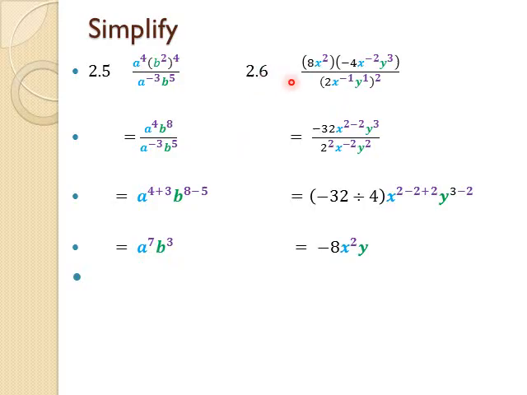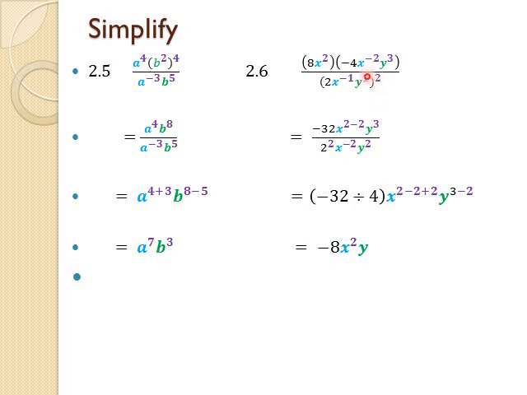Look at 2.6. I have 8x squared in brackets, and then the second set of brackets, negative 4x to the negative 2, y cubed. So that bracket and that bracket, no plus or minus in between, so it means multiplication. Divided by, at the bottom, I have 2x to the negative 1, y to the 1, brackets all squared.